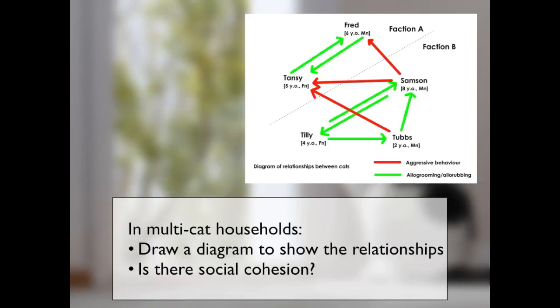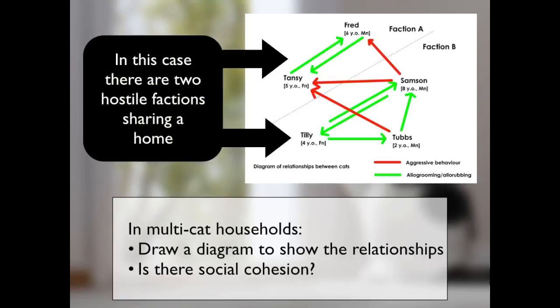And you can see in this diagram that certain cats, like Tilly, show no aggression to other cats at all, but they show affiliative behaviour to two other cats. So Samson, Tilly and Tubbs all show grooming and rubbing behaviour between them, and Fred and Tansy show grooming and rubbing behaviour between them, but there is some sign of aggression between Samson and Tubbs and the other two cats.